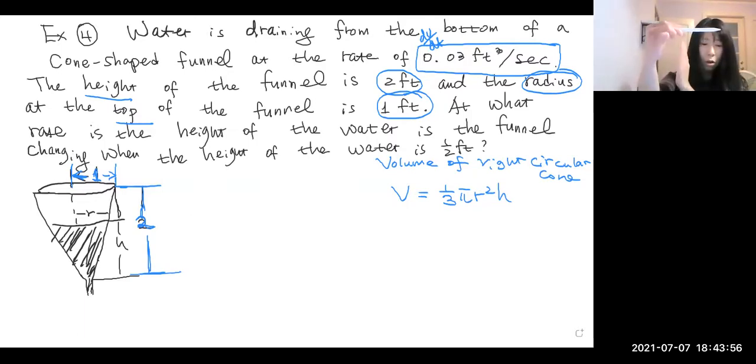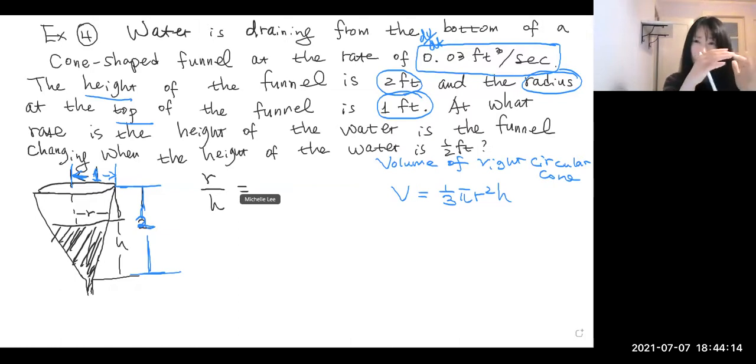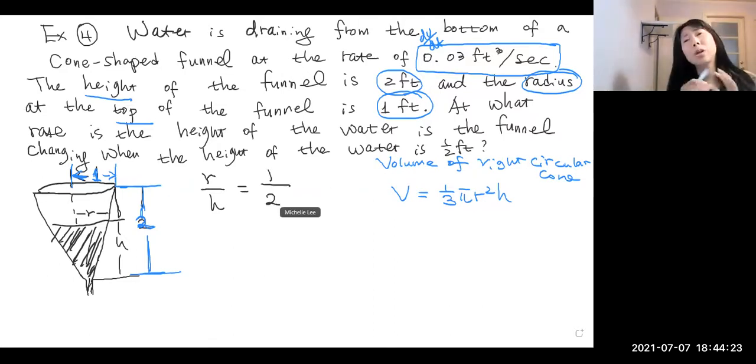This one, that one, R over H, then 1 over 2. Can you see that? The ratio? So either one, it's okay, but make sure you do the right one. So R over H equals, R is the radius, which is 1, the height, which is 2. Or you can do vice versa, like H over R, then 2 over 1, okay? Now, solve for R because we're going to substitute there.